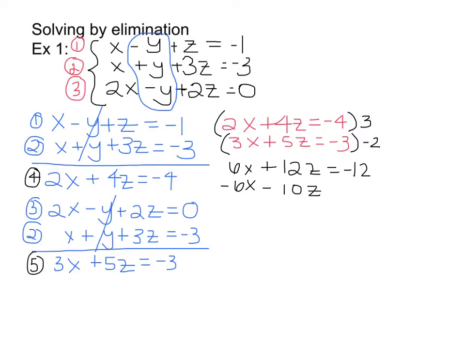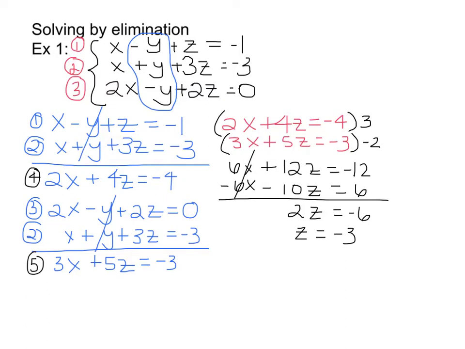And -2 times -3 gives me +6. So we add. The x's cancel out. 12z minus 10z gives me 2z. And -12 plus 6 gives me -6. Divide by 2, and z equals -3.